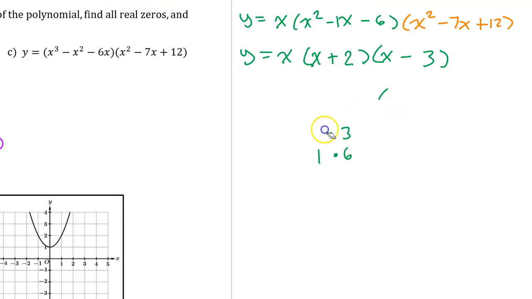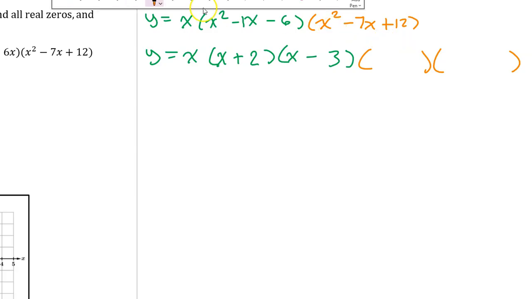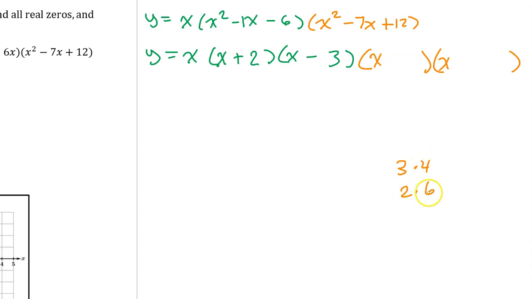So now I'm going to factor the orange trinomial. Again, the x squared will only factor as x times x. 12 can either factor as 3 times 4, or 2 times 6, or 1 times 12.